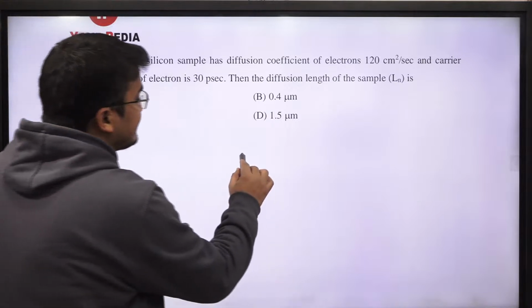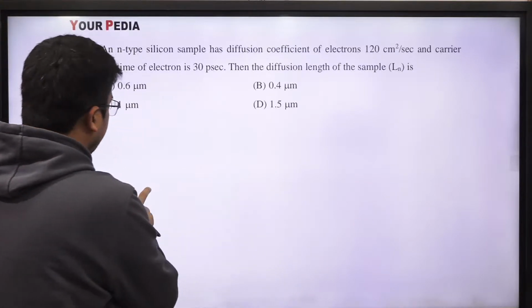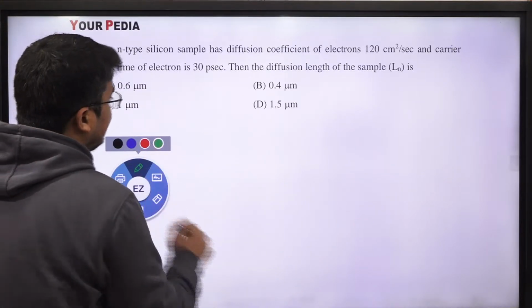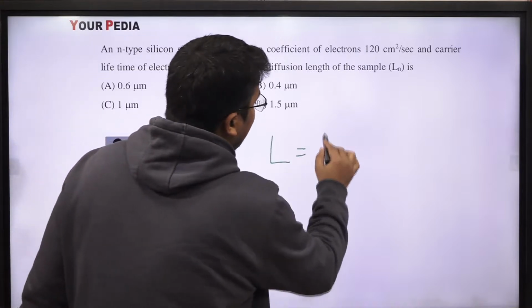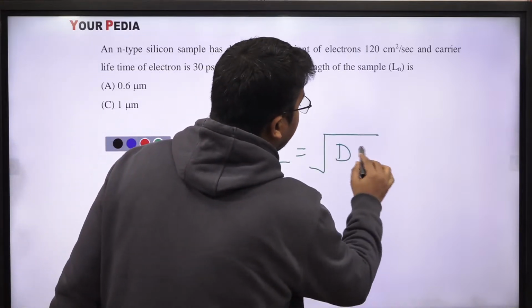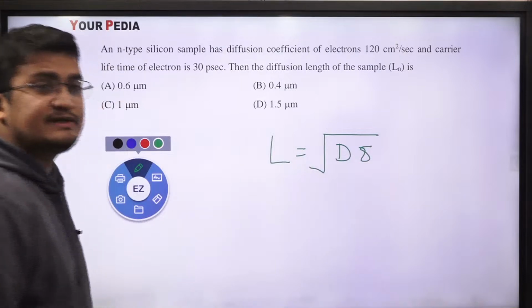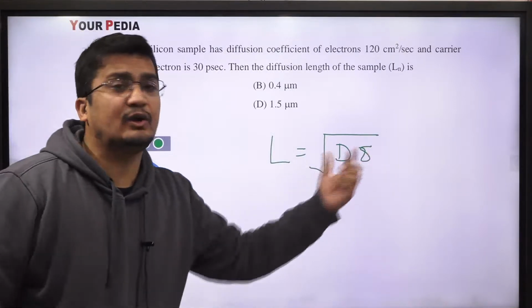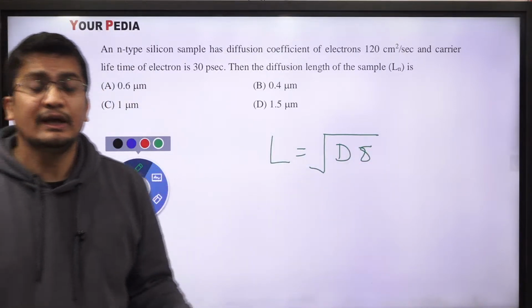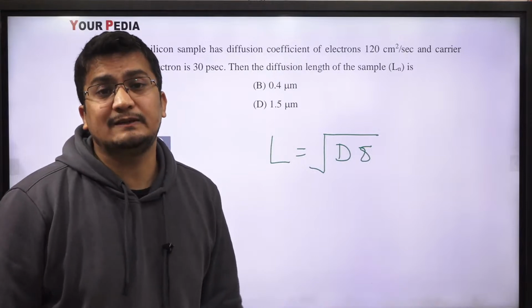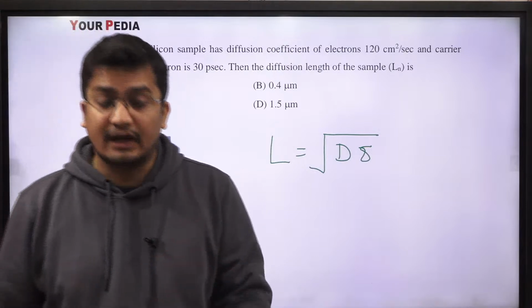So guys, you might have studied diffusion length. Let me give you a brief. You might have studied it in EDC. L is equal to under root of D tau, where L is the diffusion length, D is the diffusion constant, and tau is the carrier lifetime. In any kind of semiconductor specimen, there are majority carriers and minority carriers.